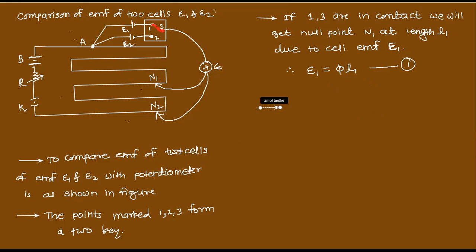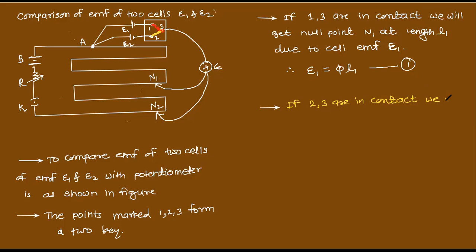Now this time I am changing color again. Let's take yellow. So when next time these 2 and 3 are in contact, you can see this 2 and 3 in contact. So I will write with yellow only here. If 2, 3 are in contact, what happens?